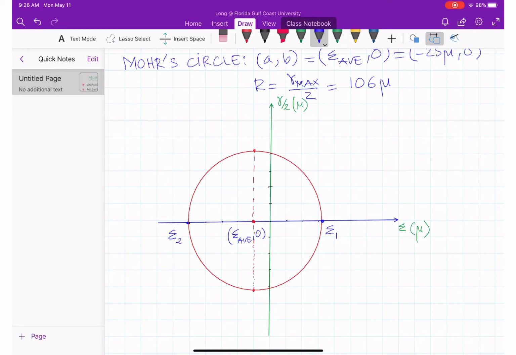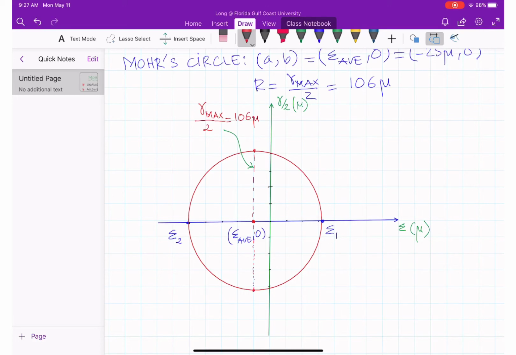And of course, gamma max is the vertical axis, gamma max over 2. This is gamma max over 2, not gamma max, because the analogue of tau is gamma over 2, if you recall that. And then that one equals 106 micro.